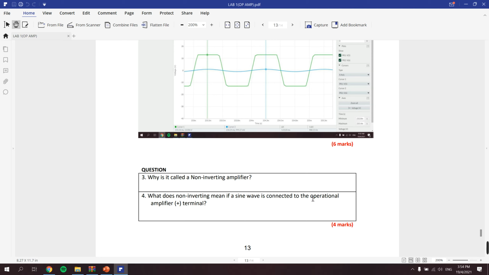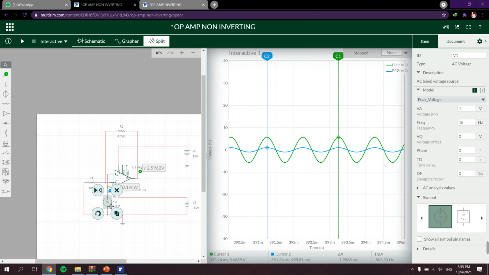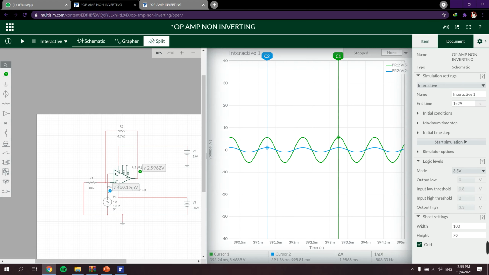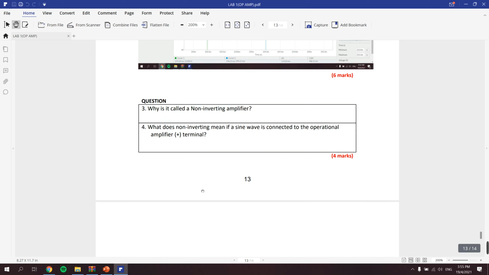If a sine wave is connected to the operational amplifier plus terminal, it becomes a non-inverting amplifier, because in this condition the waves will not change phase after going through the amplifier.